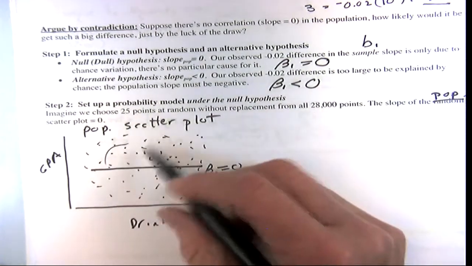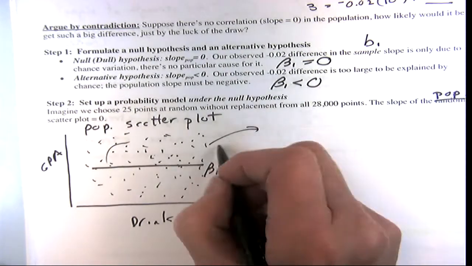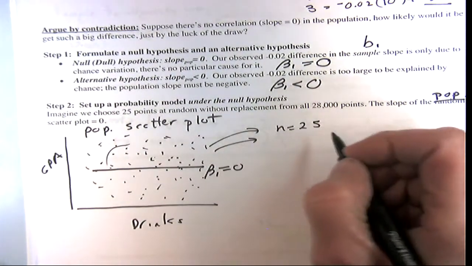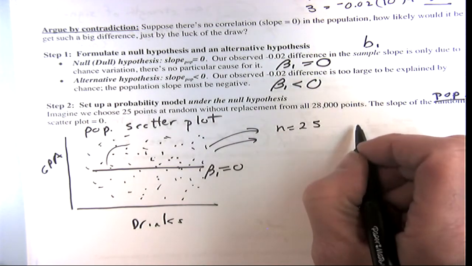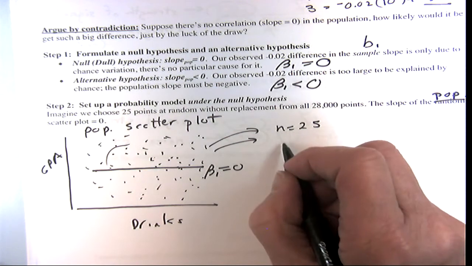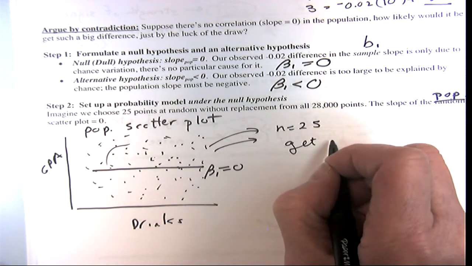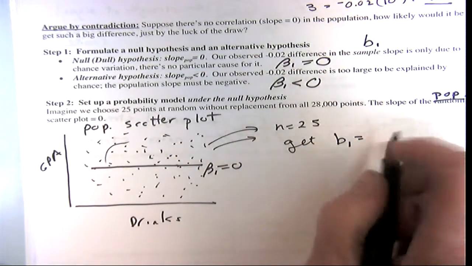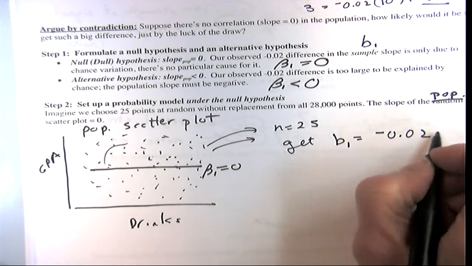And then we say, how likely is it to draw n equals 25 points out of here, randomly chosen, and get a sample slope not equal to 0 but far away from 0, or is that far away or not? That's what we're trying to figure out.